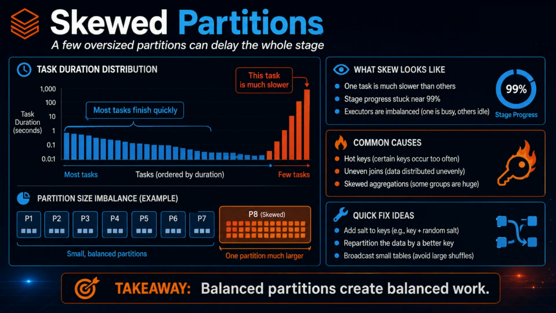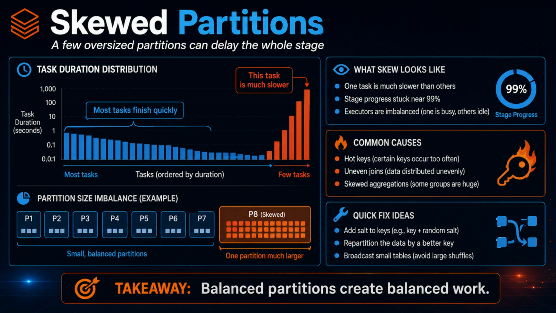Skewed partitions are a very common reason why stages look stuck near completion. In a healthy stage, most tasks finish in a fairly balanced way. But with skew, most tasks finish quickly while one or a few tasks keep running much longer. This usually happens because the data is not distributed evenly. One hot key, one oversized group, or one uneven join can send much more data to a small number of tasks.